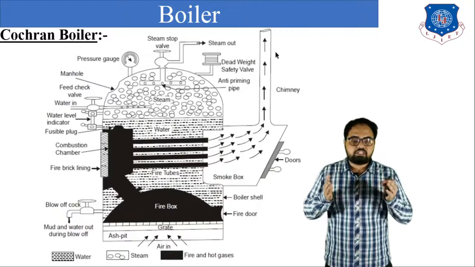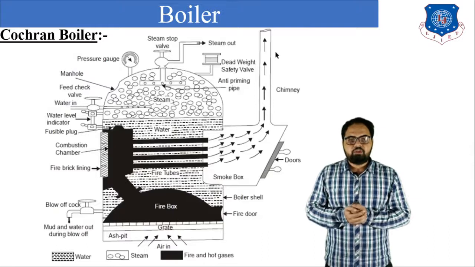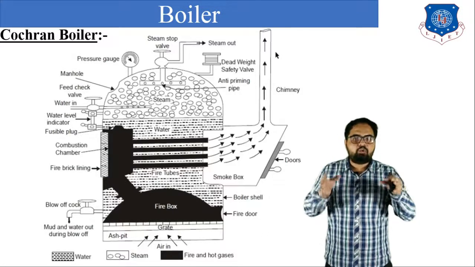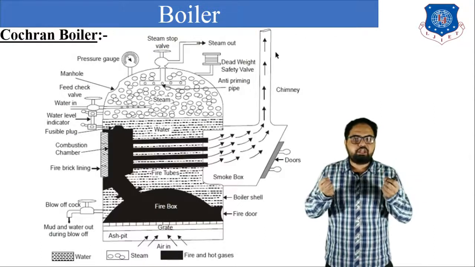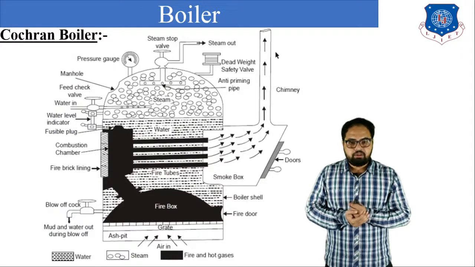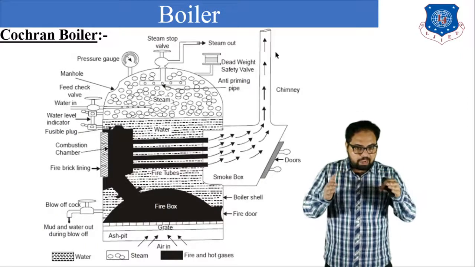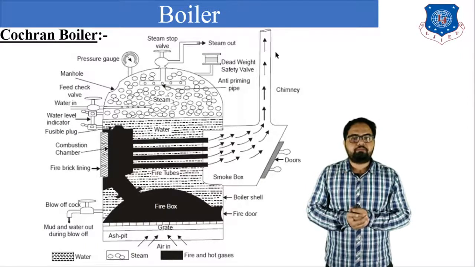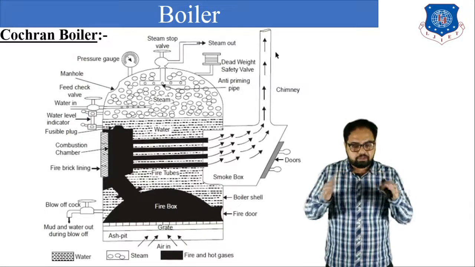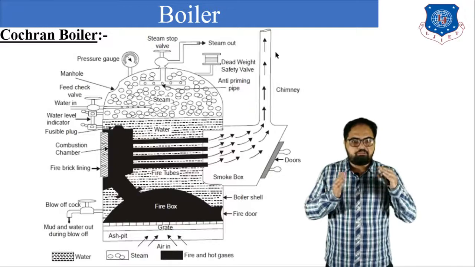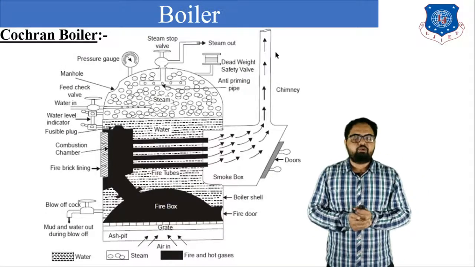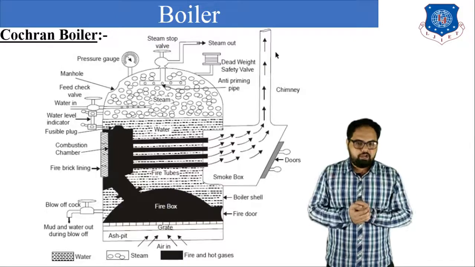What is the reason behind that shape? The hemispherical shape gives the boiler the strength to withstand the steam pressure generated inside the drum. The firebox is also hemispherical, so that it comes in maximum contact with the water, and maximum heat transfer takes place.